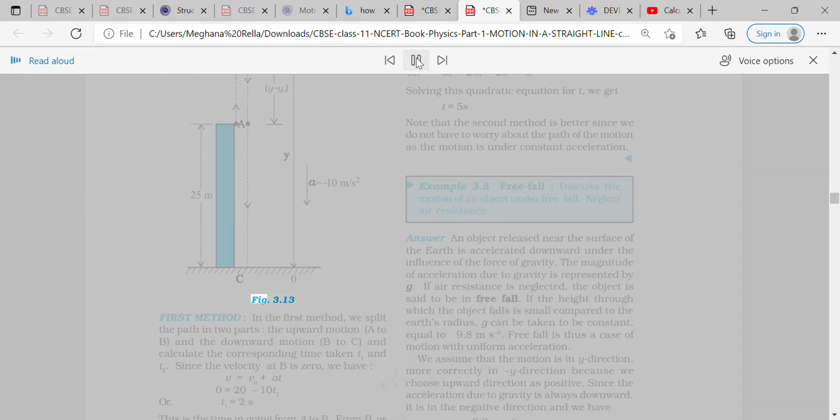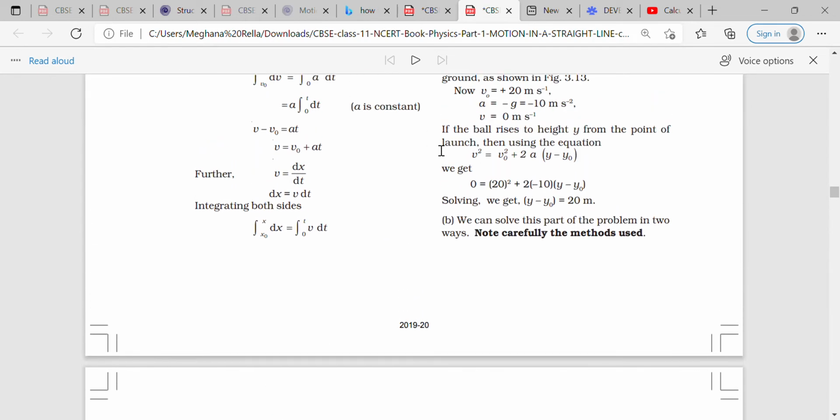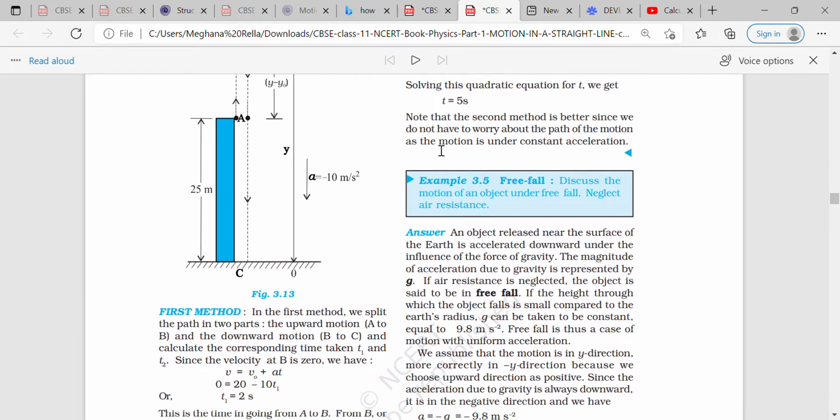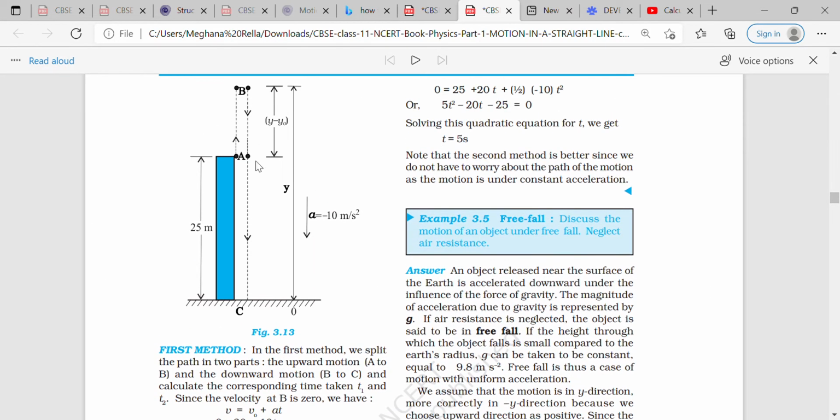Fig. 3.13. First method. In the first method, we split the path in two parts, the upward motion, A to B, and the downward motion. For the first method we split it into two parts, this part and this part.